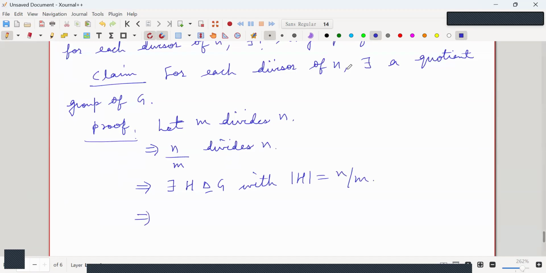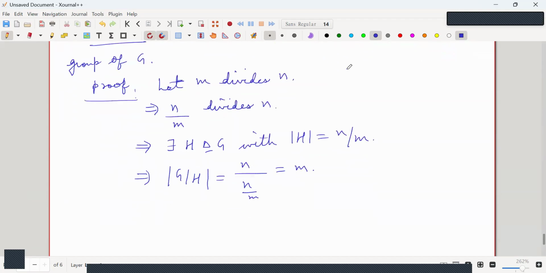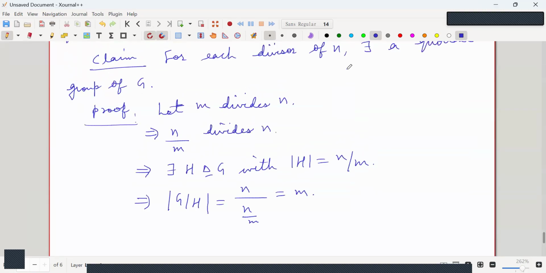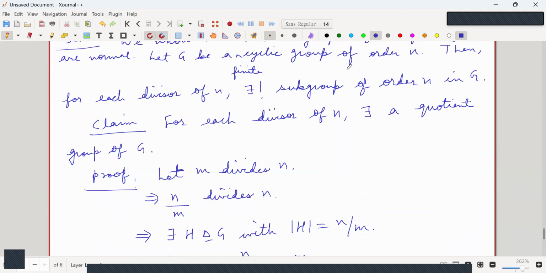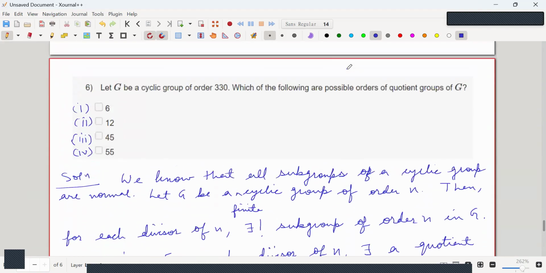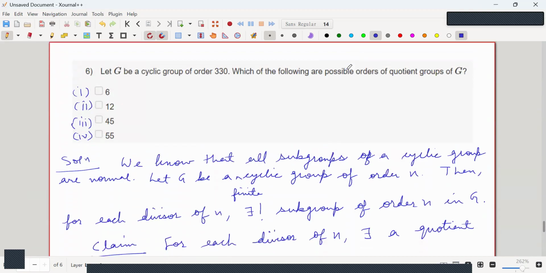This implies the order of G by H is n by n by m, which is m. So for each divisor of n, there exists a quotient group of G. Not just does a subgroup exist, the subgroup is normal, and there also exists a quotient group. Cyclic groups are very nice in such a way.